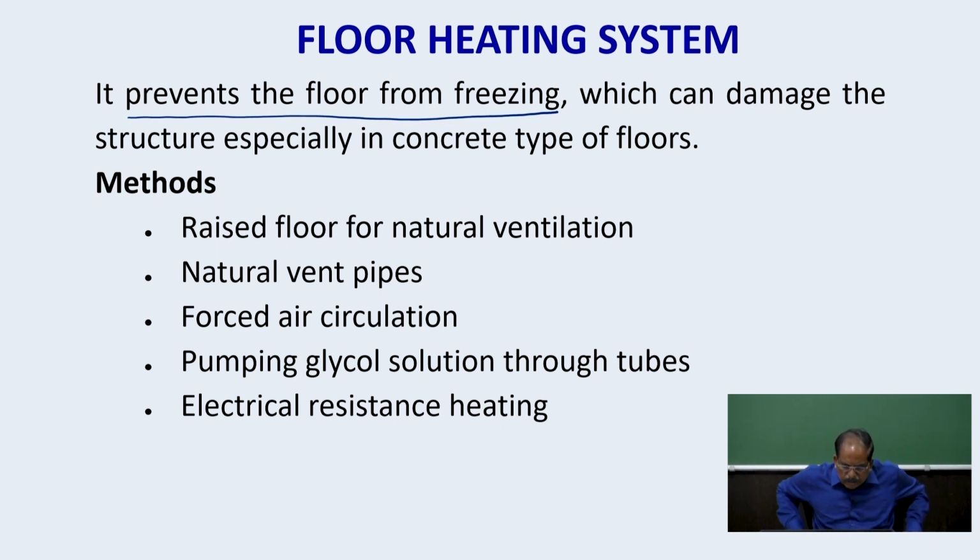There are different methods employed for floor heating: raised floor for natural ventilation, natural vent pipe, forced air circulation, pumping glycol solution through tubes, and electrical resistance heating. Let us see the first one, the raised floor for natural ventilation.